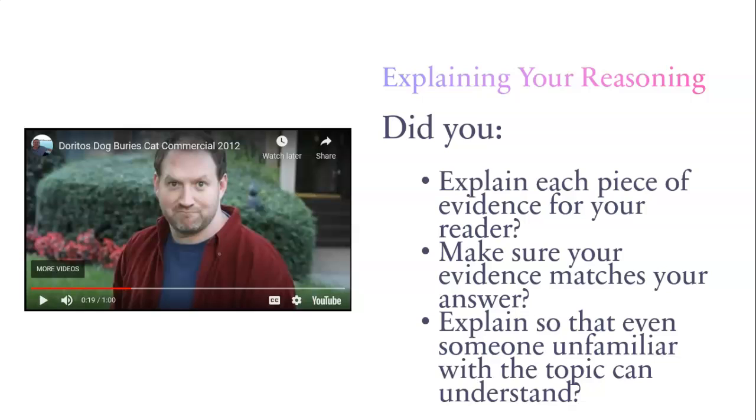So in this case, I might say the dog murdered the cat in the commercial. One piece of evidence that proves this is that the dog was burying a collar with the same tags as the picture in the missing cat sign. How does that prove my answer?